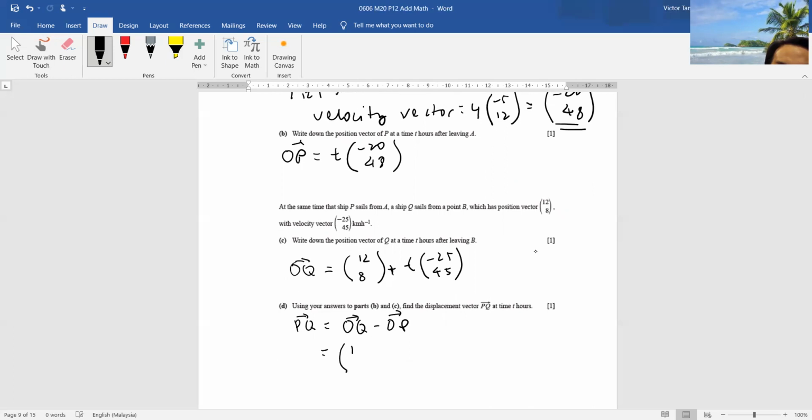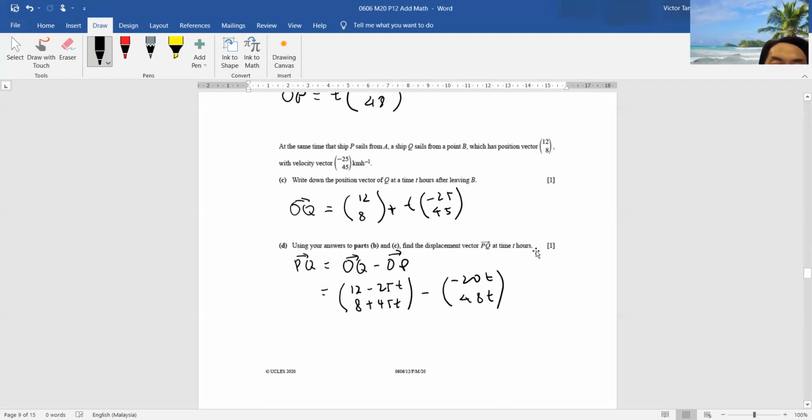So OQ is (12 minus 25t, 8 plus 45t) minus (minus 20t, 48t). So 12 minus 25t plus 20t would be 12 minus 5t, and 8 plus 45t minus 48t is 8 minus 3t. Okay, that is PQ.